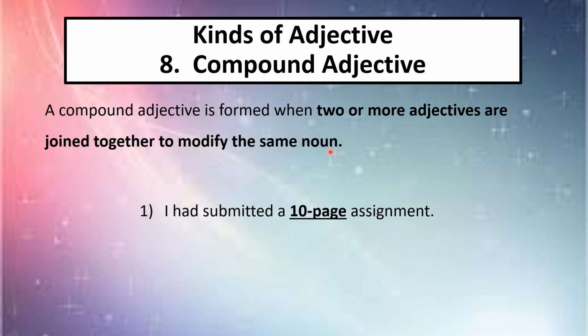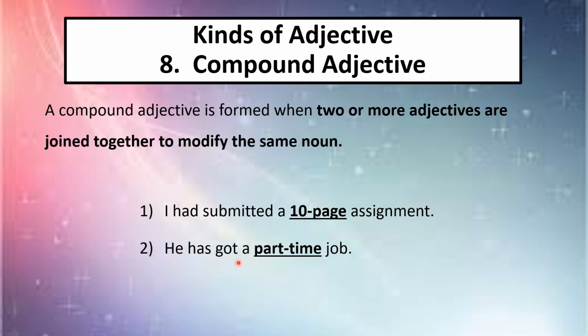For example, I had submitted a 10-page assignment. Assignment here is noun, and you have used 10-page as a compound adjective to talk more about the assignment. This adjective has two words, 10 and page. So it is a compound adjective.